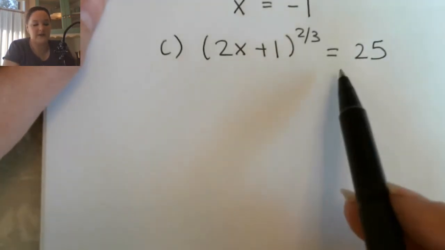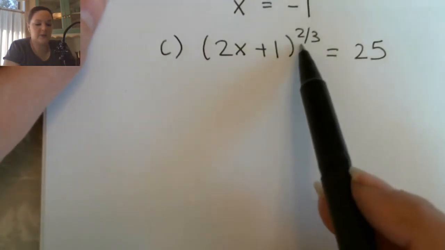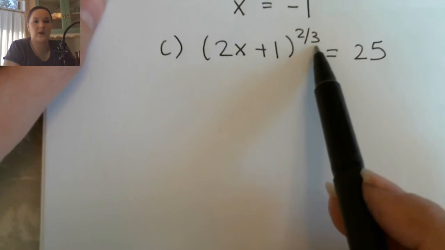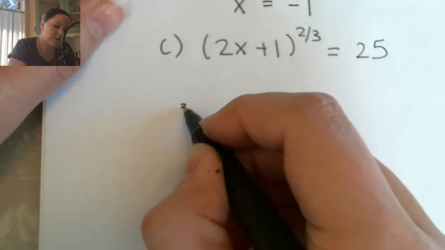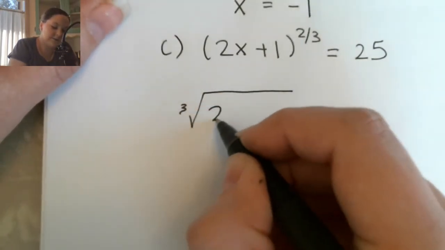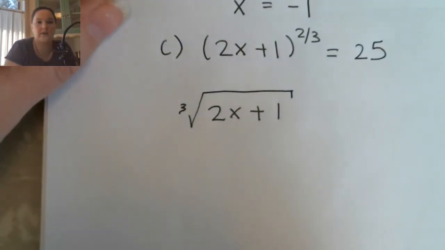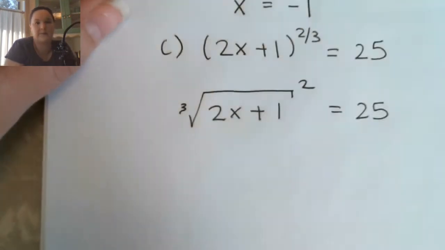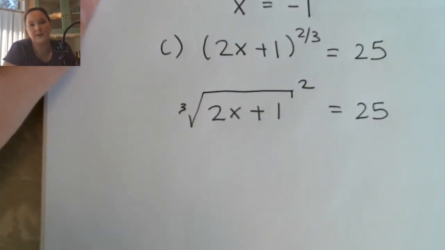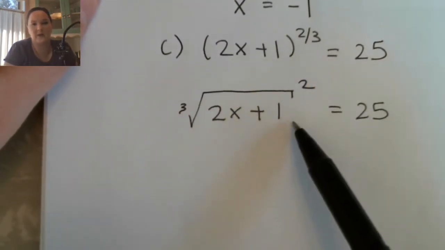So we don't need to isolate it because it's already isolated. Okay, now in this example, because we do have a fractional exponent, we are going to change this to radical form. Okay, so remember the denominator of the exponent becomes the index. Okay, and then the numerator of the exponent is the power. Okay, so we're not doing anything to both sides of equations, we're just rewriting this exponent as a radical.